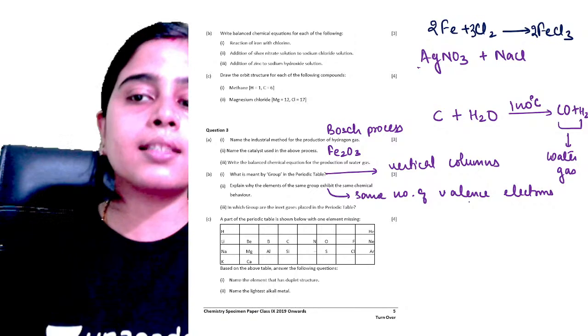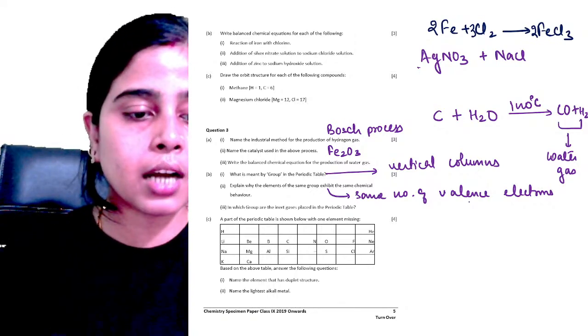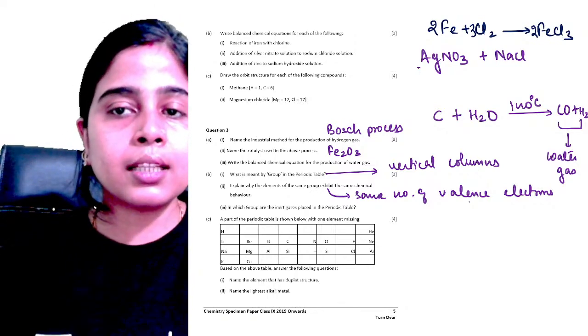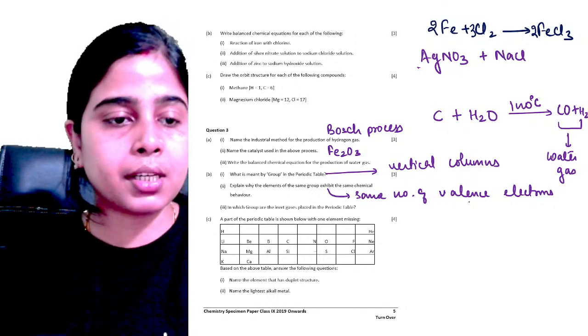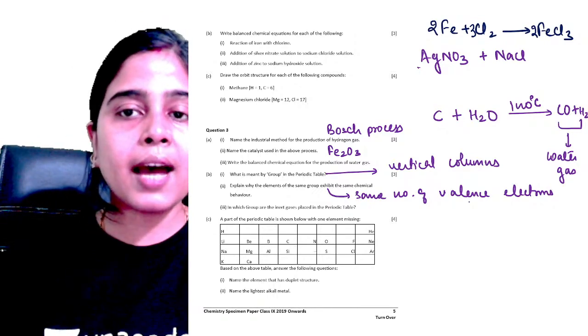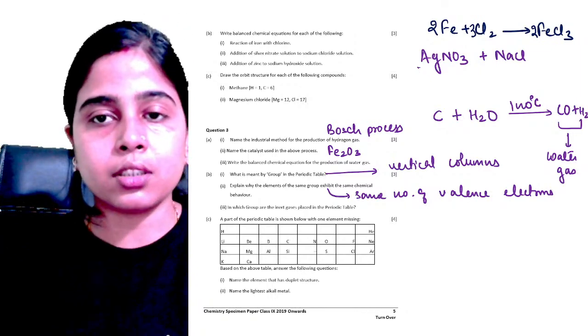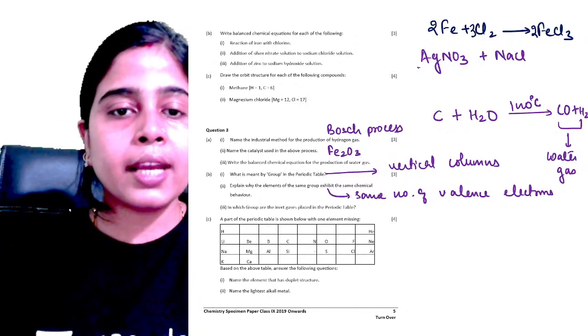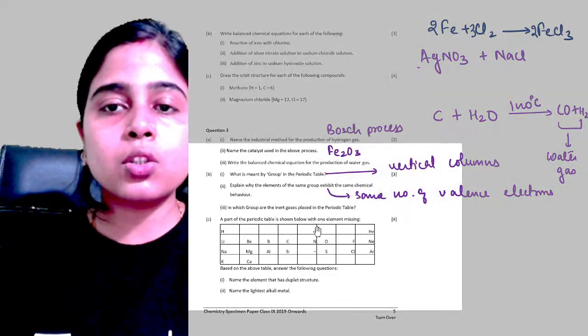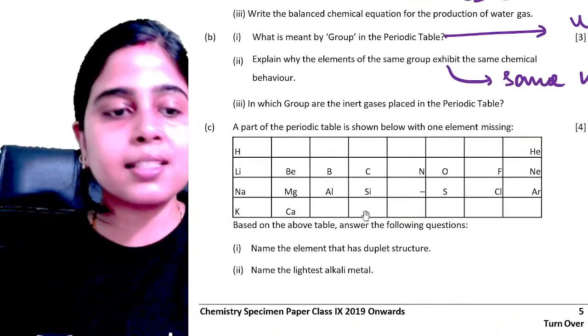Or you can write it as the same number of valence electrons are found in the same group. That's why they exhibit the same chemical behavior, because valence electrons are the ones which participate in chemical reactions. Clear?